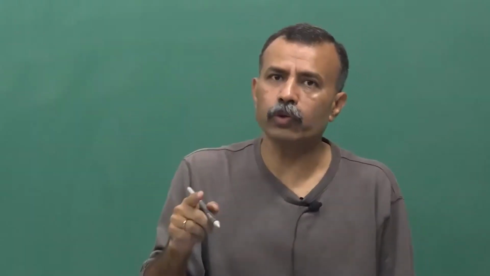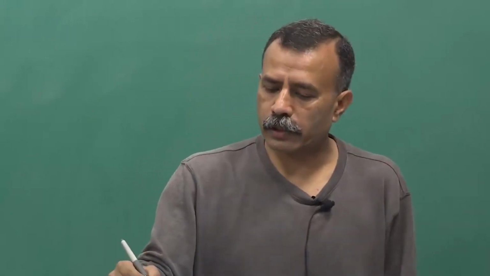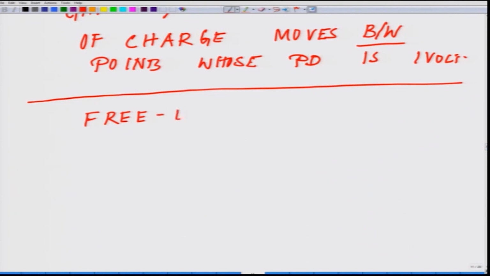Whereas, contrary to that, negative delta G is a situation where it is a spontaneous process. That means this reaction will be spontaneous. So, between points A and B, there will be a spontaneous flow and you do not need any extra energy, or as a matter of fact any energy, for that reaction to happen. Okay. Now, coming back to how it is being represented, we will be talking about the free energy.